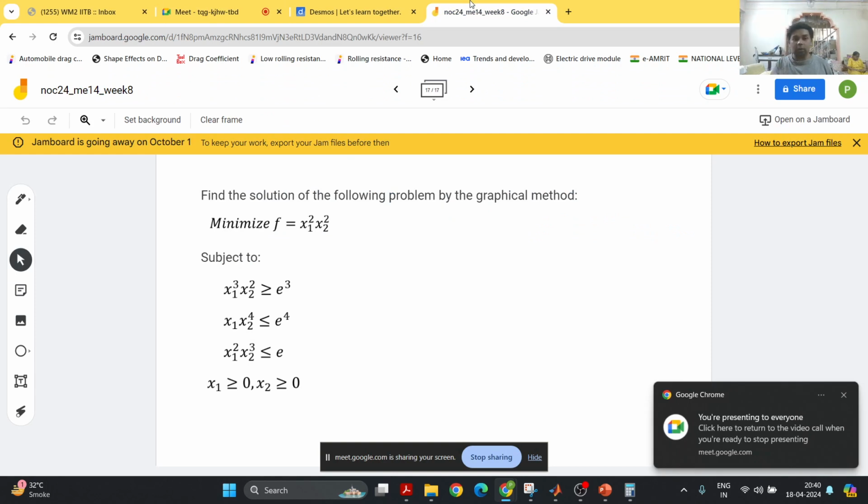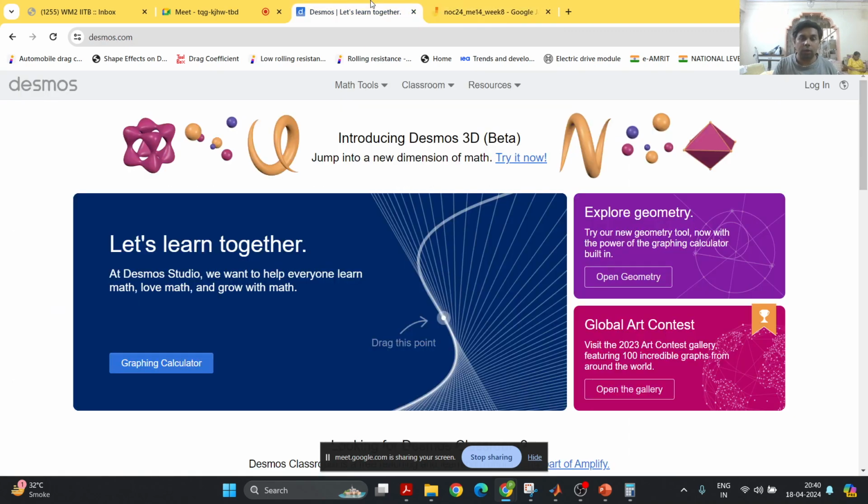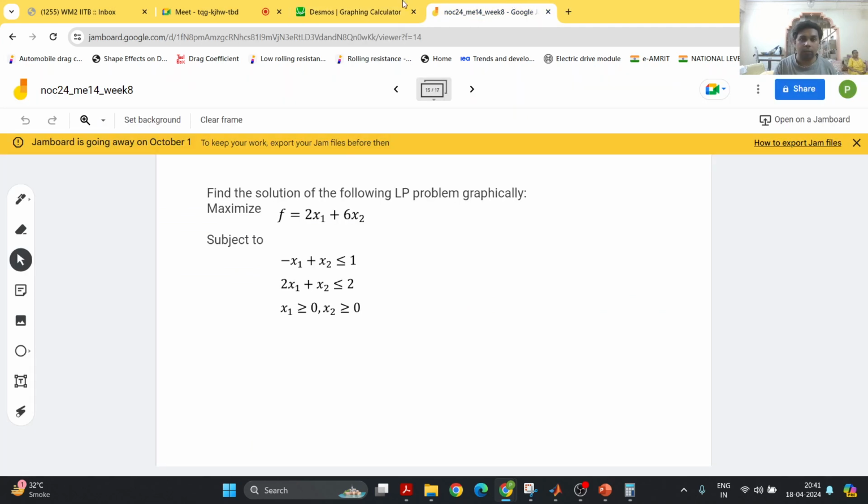So yeah, this was the problem. Okay, go to desmos.com. Open the graphing calculator. In that box, kindly paste whatever your constraint is.